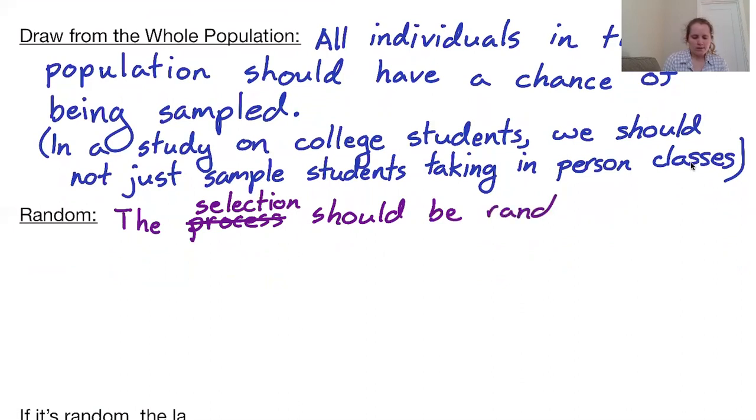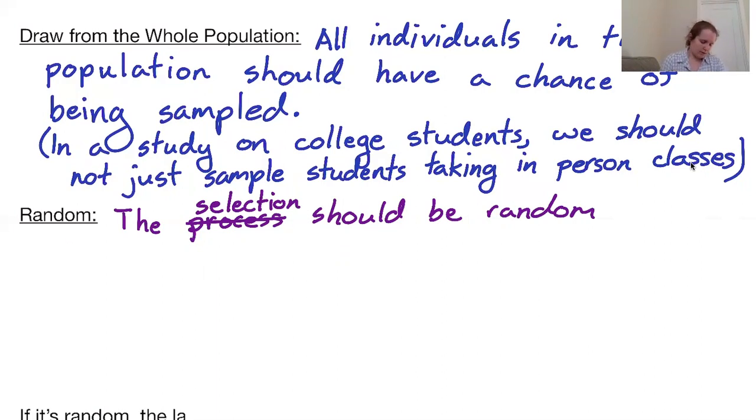And I don't mean human choice random, because that's not actually random. I mean actually using a random number generator, using some random selection process to pick the individuals.